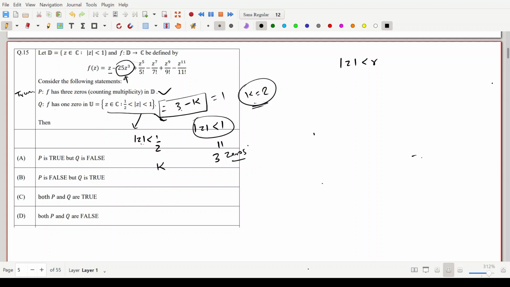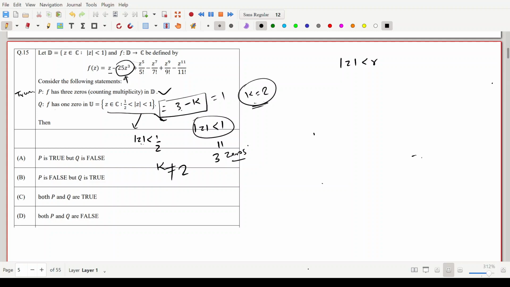But do you observe, is there any degree 2 term here? There is no degree 2 term here, so the number of roots I will be getting is either 1 or 3 or something like that. I won't be getting degree 2 because there is no degree 2 term here. As per Rouche's theorem, I cannot extract that degree 2 polynomial because I don't have any such term. So this k cannot be 2.